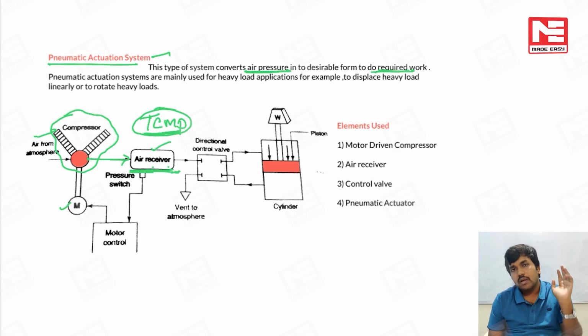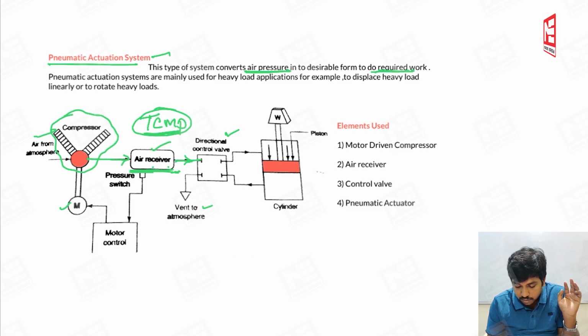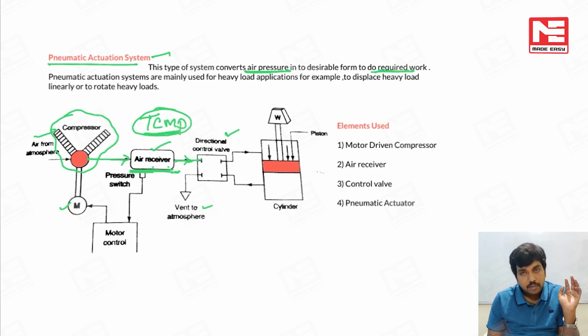It can flow out to the atmosphere, right? Now this is one and this is the second. The third one, this line, is connected to above the piston. This shaded portion is the piston, and this is the fourth one, right? Now have you understood these things clearly?